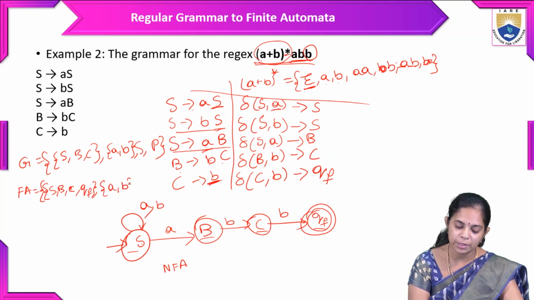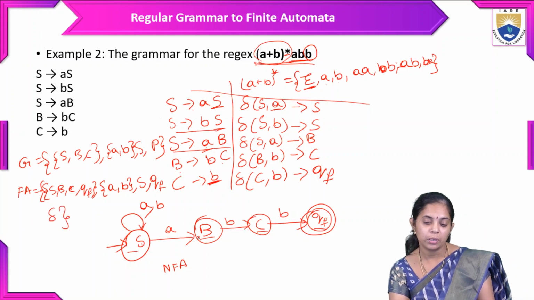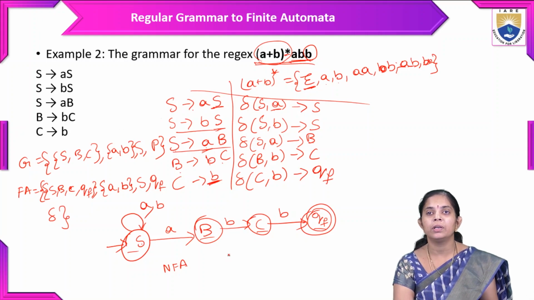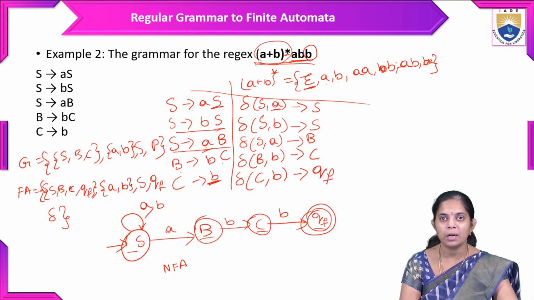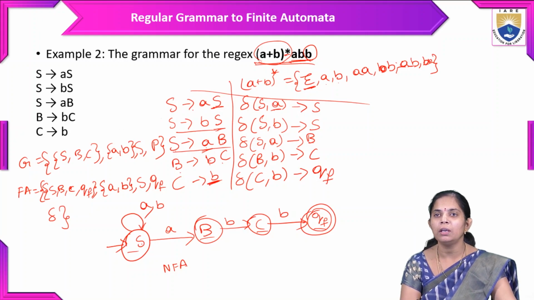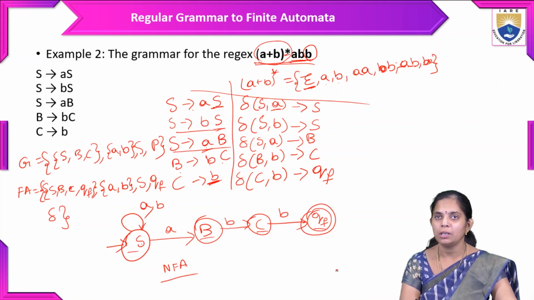The alphabets are A and B, the initial state is S, the final state is QF, and delta is the transition. So these are the production rules: this is how we convert a regular grammar into a finite automata, which is also a non-deterministic finite automata.